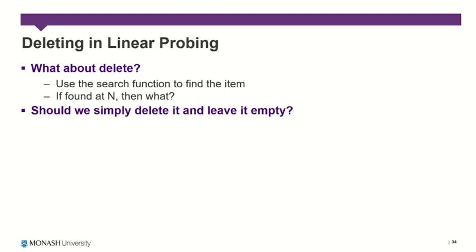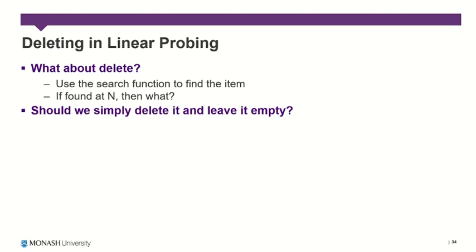Well, let's remember that when we're adding an item to the hash table, we don't always just insert it at the initial hash position. Sometimes due to a conflict, we had to create a chain and insert it at a different position in the hash table. So if we are trying to remove an item from a hash table, there may be other items that had to probe over that position to be inserted into the hash table.